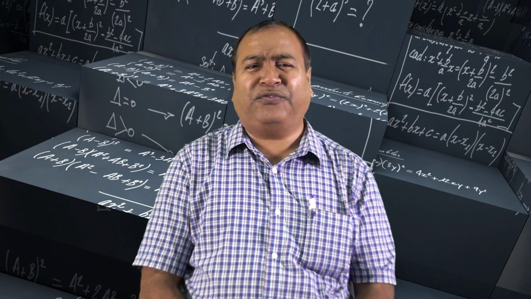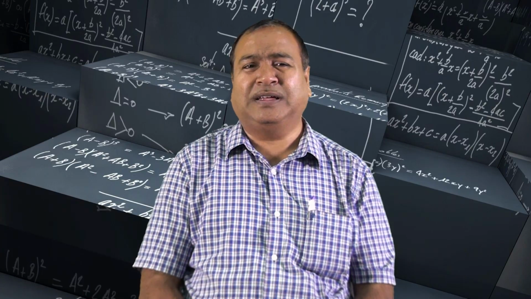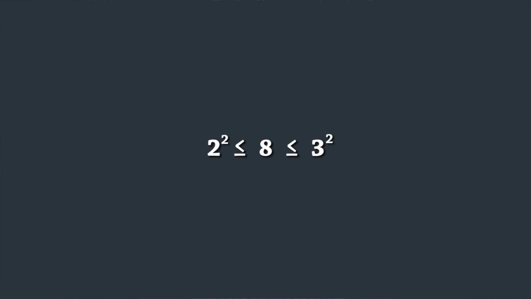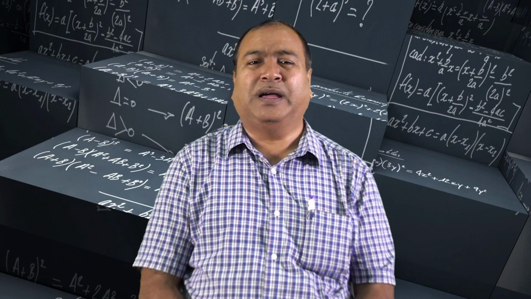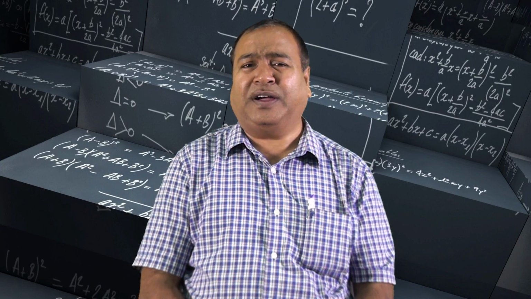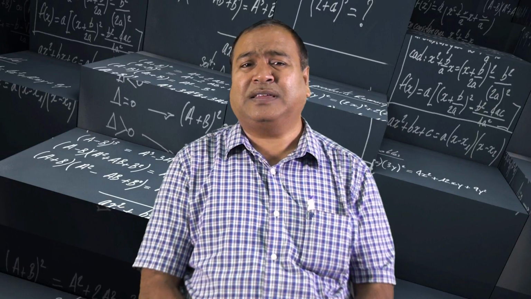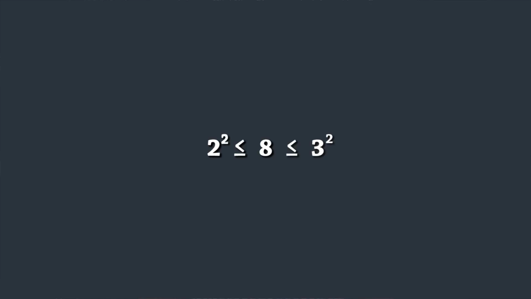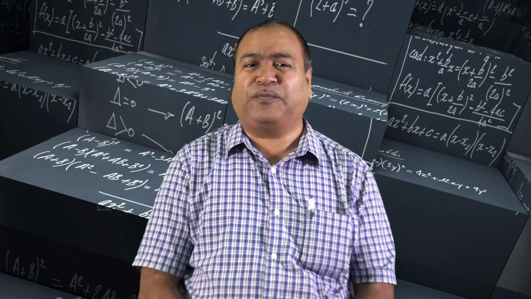Step 2. Find two numbers such that the last digit, here it is 8, lies between their squares. In this case, it is 2 and 3, such that 2 square, that is 4, is less than 8, which is less than 3 square, that is 9. Step 3. Identify the lesser number as the leftmost digit, that is the tenth digit of the required answer. Here it is 2.